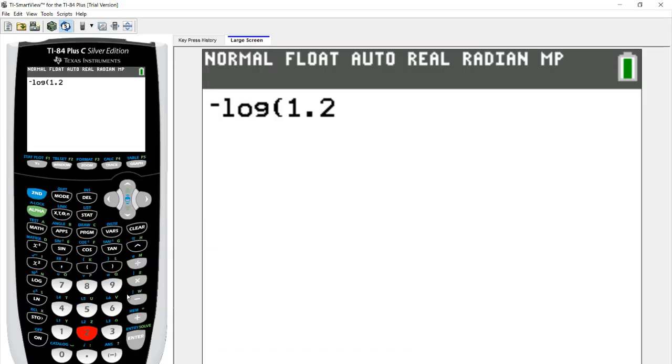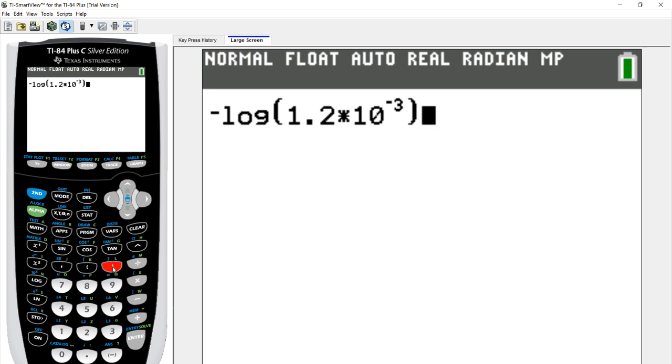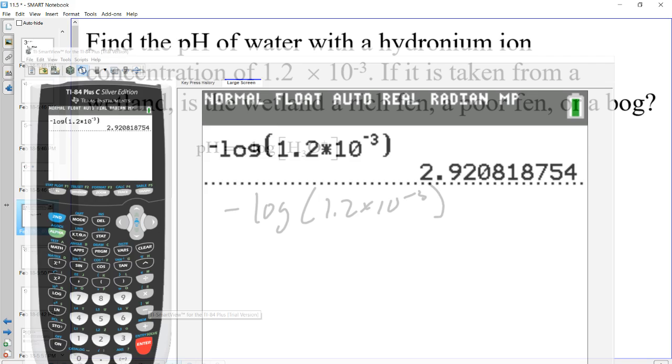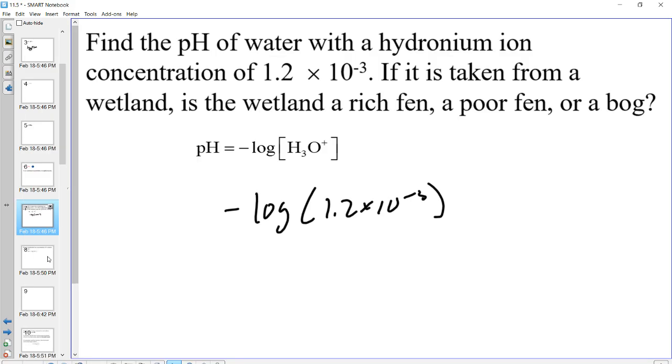Again, negative 3. Push forward so that I get out of the big parenthesis there, and I can just press enter, and there's the calculation. So I've got approximately 2.9208 on that one. So again, all this you can just do in your calculator.